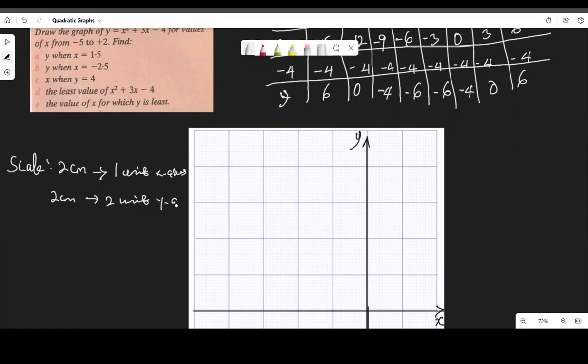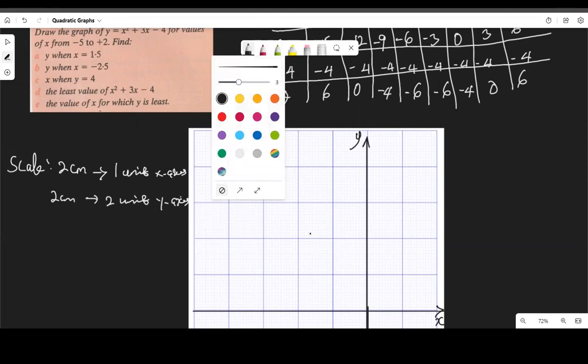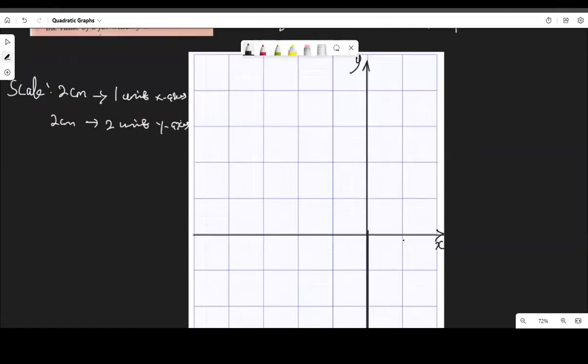On the y-axis, remember the standard graph sheet: the distance between one big line and another big line, I mean this bold line, is 2 centimeters. So if I say 2 centimeters to 1 unit, what that means is if this is my 0, which is the origin, here will be 1 and here will be 2. Let me remove that x that I wrote there. This will be my 2. This will be my negative 1, negative 2, negative 3, negative 4, and negative 5.